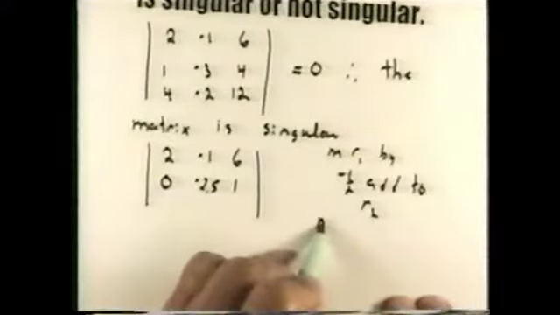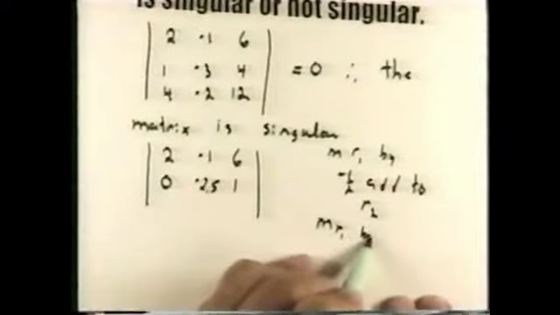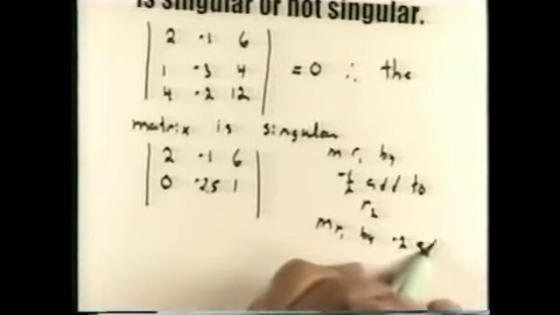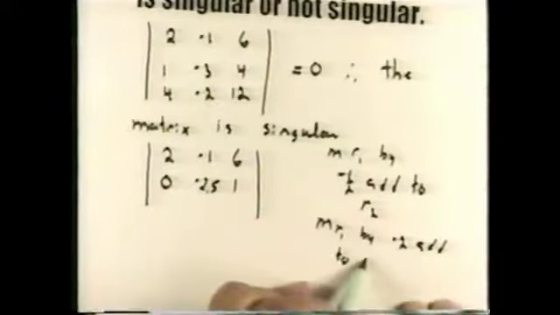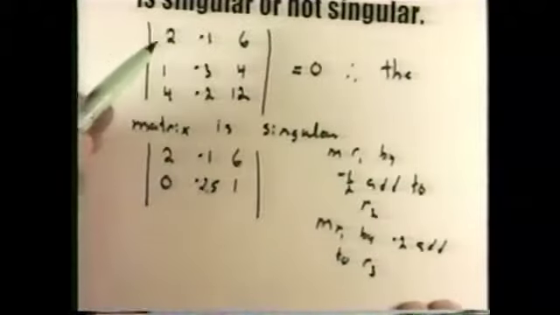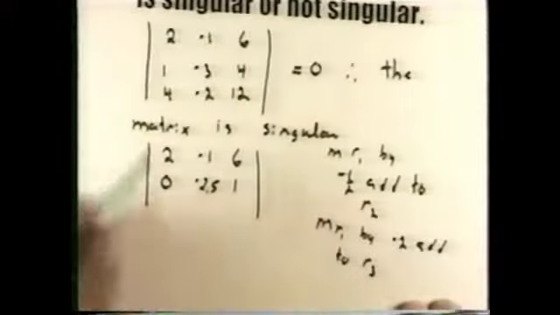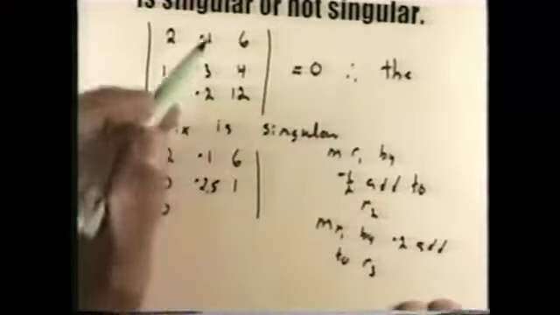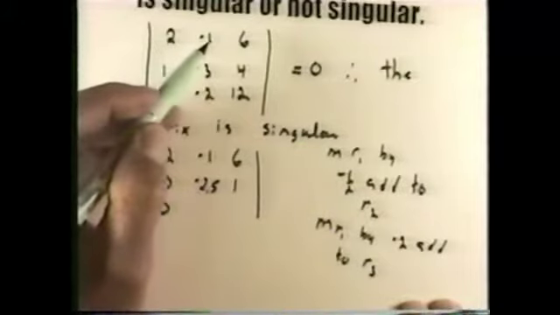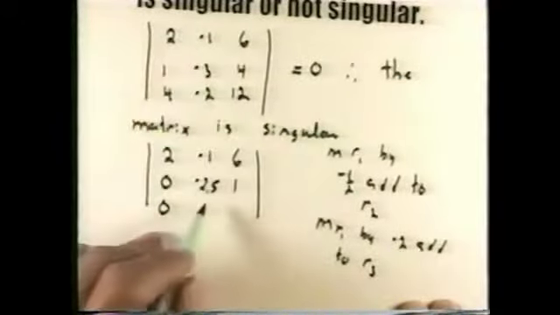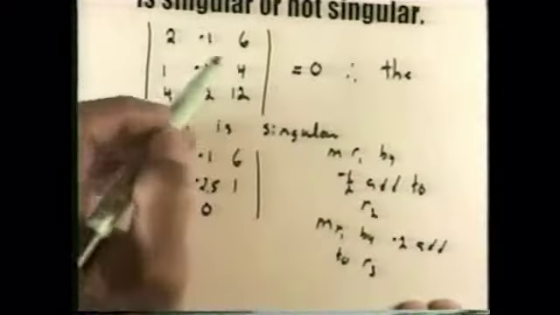Now we'll multiply row 1 by -2, add to row 3. -2 times 2 is -4, plus 4 is 0. -2 times a -1 is +2, plus 2 is 0.